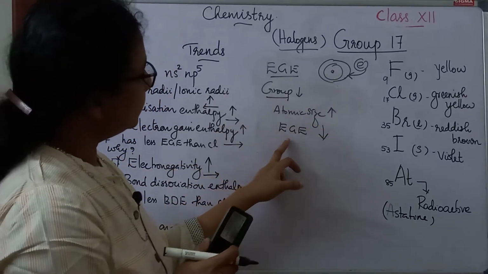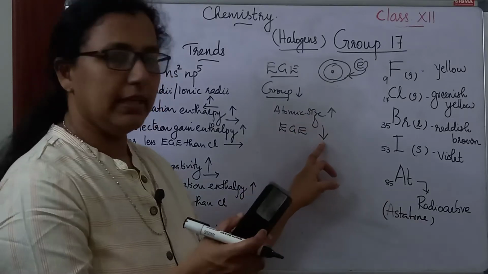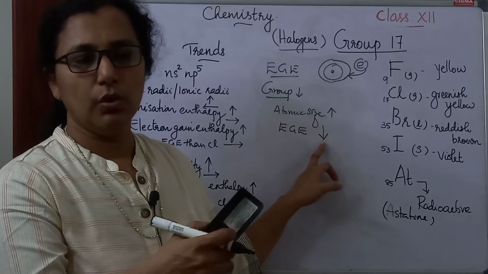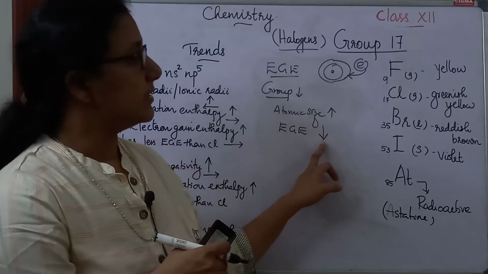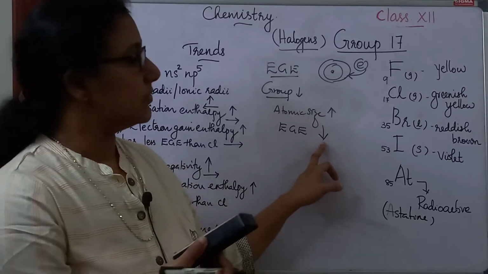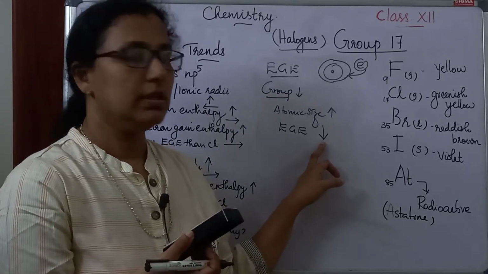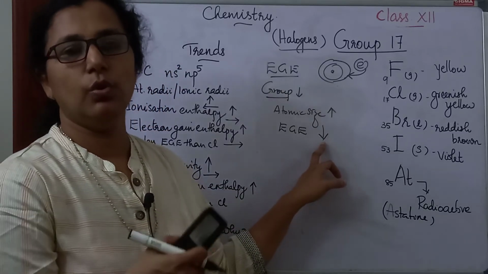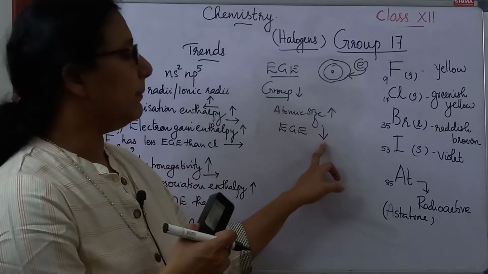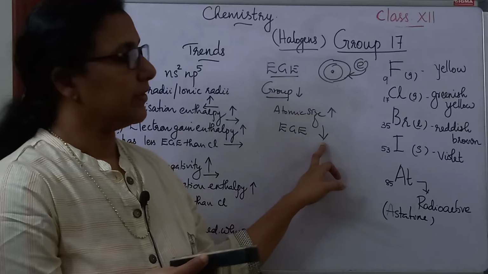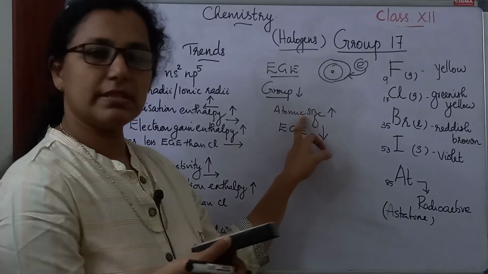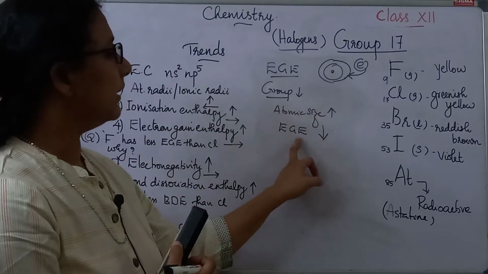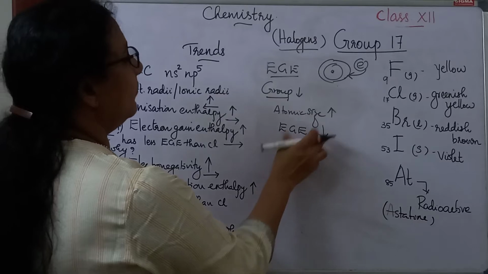When an electron is added to the atom, the nucleus doesn't have the power to hold that incoming electron, since the size is very large. So the amount of energy released will be less, since atomic size is more. So electron gain enthalpy will be less when we are moving down the group.